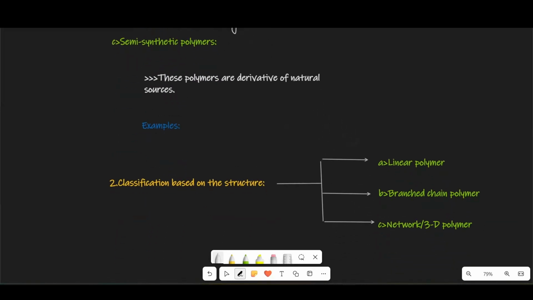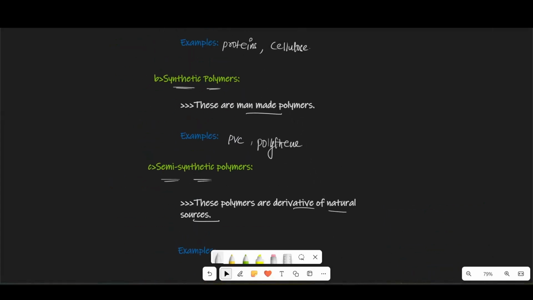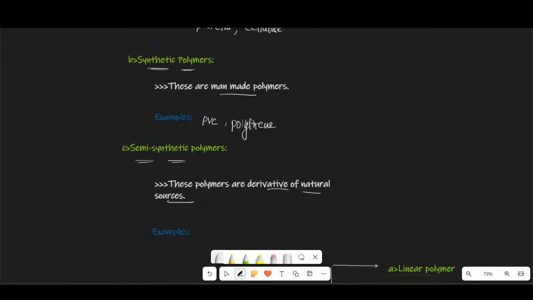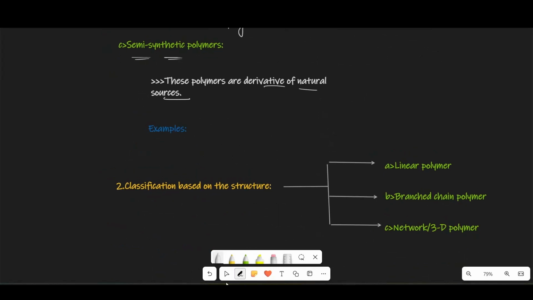Now let's see the semi-synthetic polymers. These semi-synthetic polymers are derivatives of natural sources. We have seen natural polymers, so semi-synthetic means these are derivatives of natural sources.